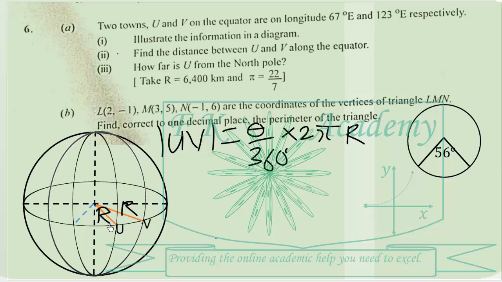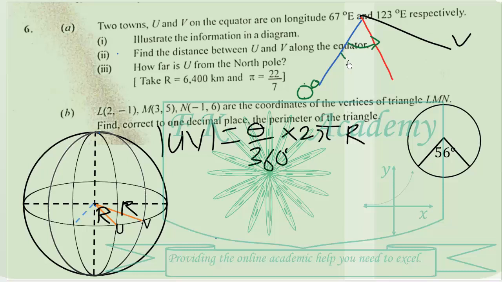The theta, we can find it. Note that the whole thing looks something like this. This is the longitude, this is point U, and this is point V. The angular distance from longitude 0 degrees to U is 67.